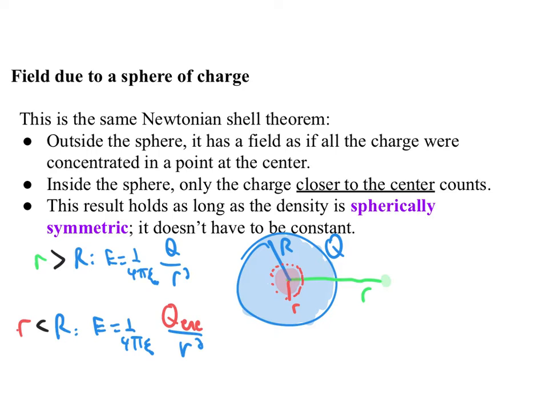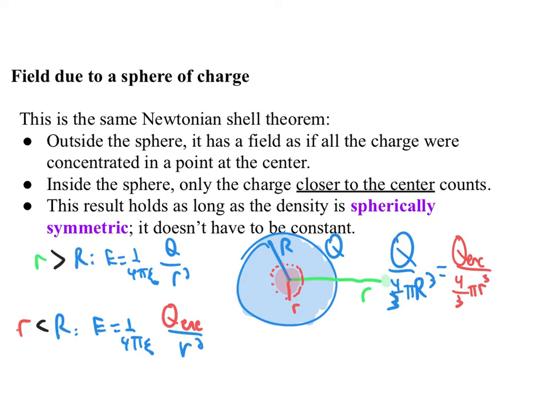If it turns out that the thing is of uniform density, then the charge density would be the total charge over the volume, which is 4/3 pi R cubed, and that has to equal our enclosed charge over its volume, which is 4/3 pi little r cubed.